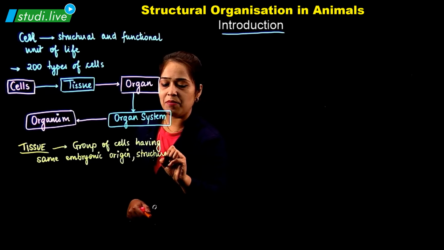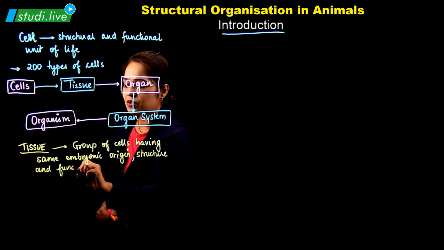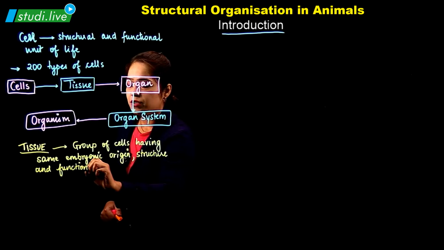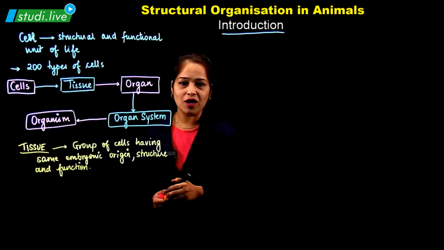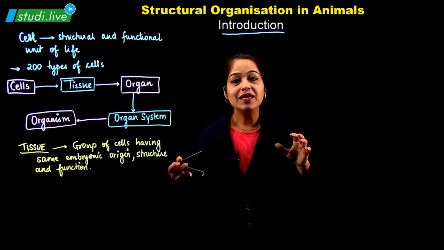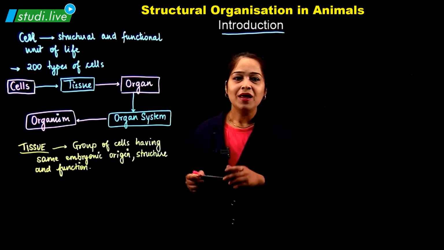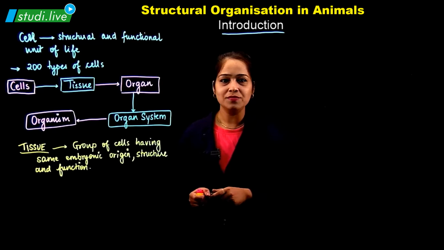So this is what tissue is all about. They are a group of cells having the same embryonic origin, structure and function, and together they form tissues.